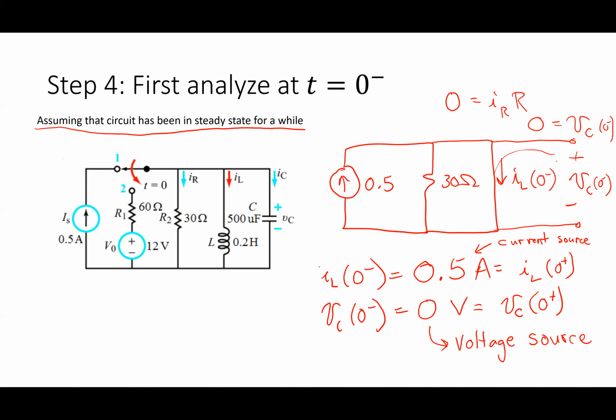Nodal analysis would say 0.5 equals V over 30 plus V over 0. You could go through that process, but it becomes a little trickier to see. I think the simplest way is to say, if I have a short circuit, the voltage across it is 0 because V equals IR. If I have 0 resistance, I have to have 0 volts.